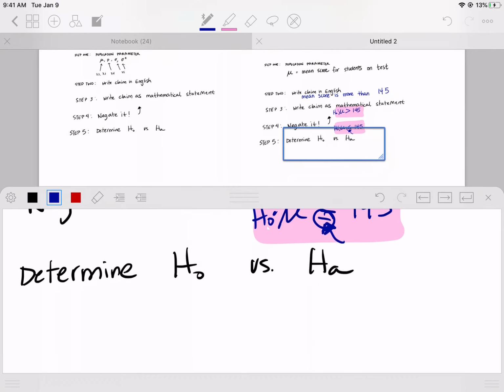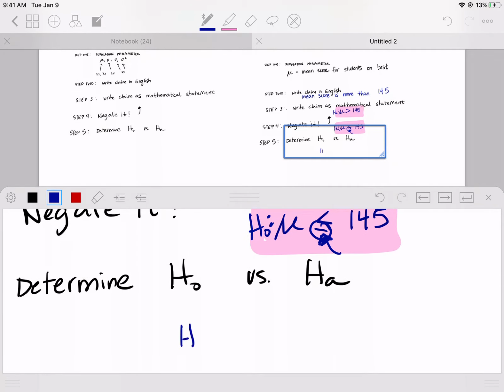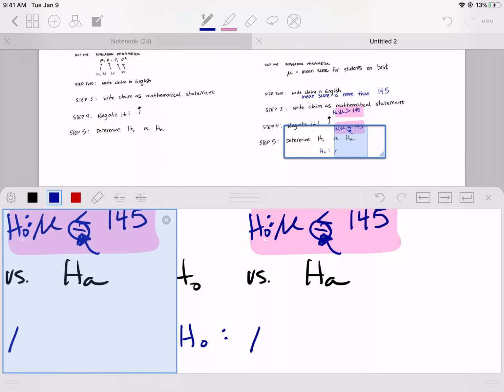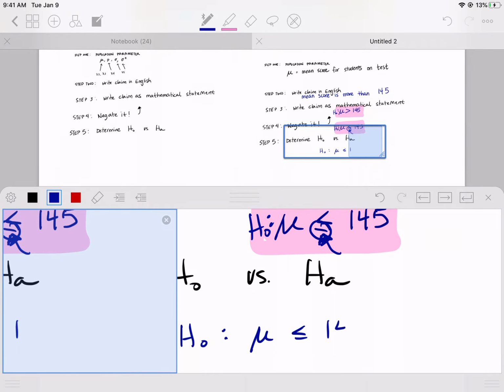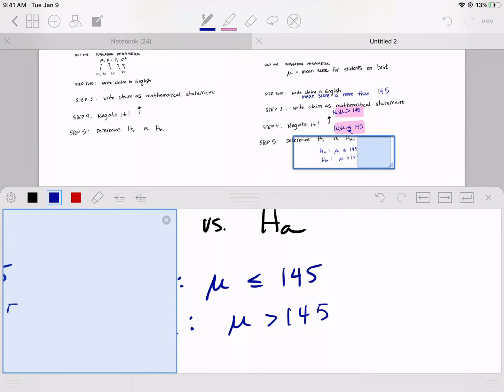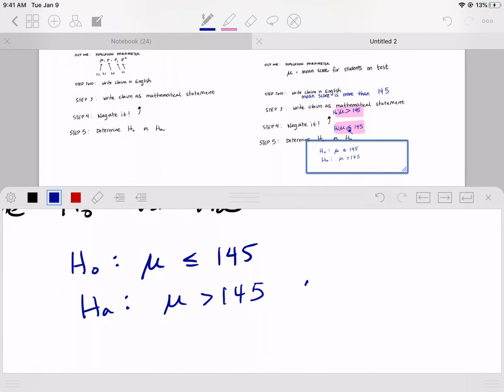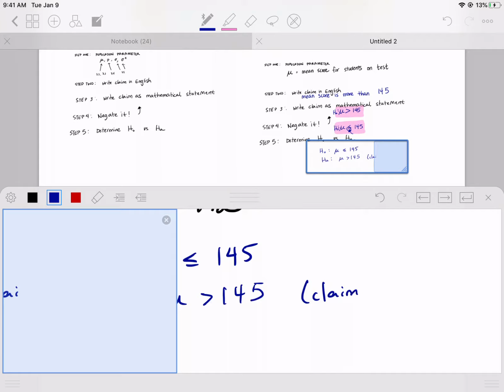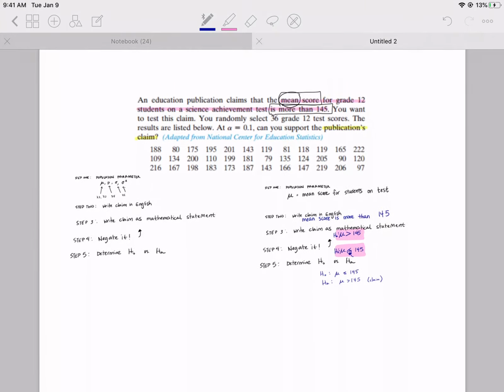Okay, so we're done. H naught, in conclusion, is mu is less than or equal to 145, and HA is mu is greater than 145. Which one is our claim? Our claim is H sub A.